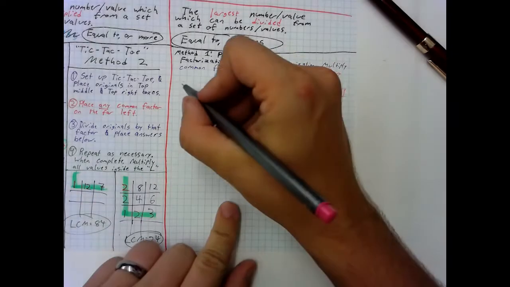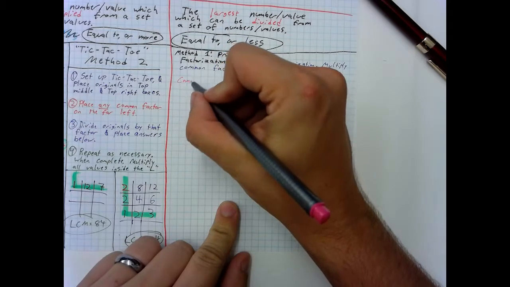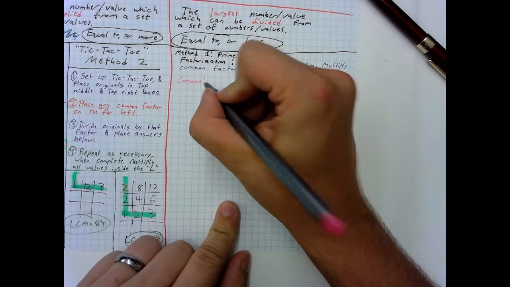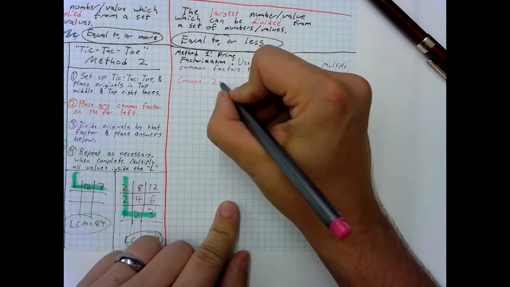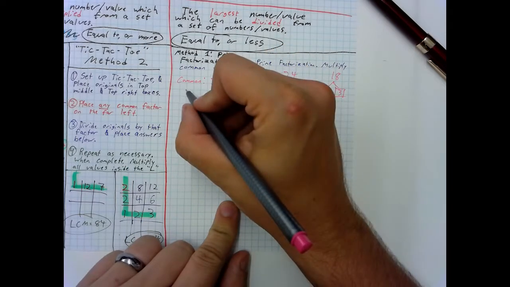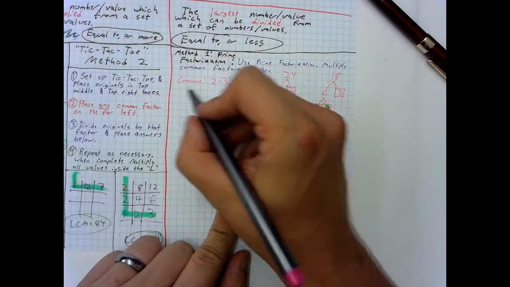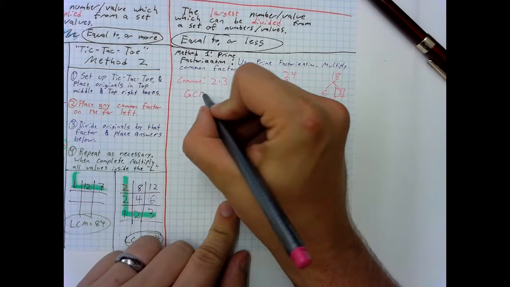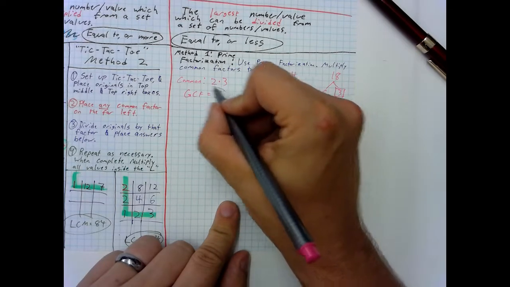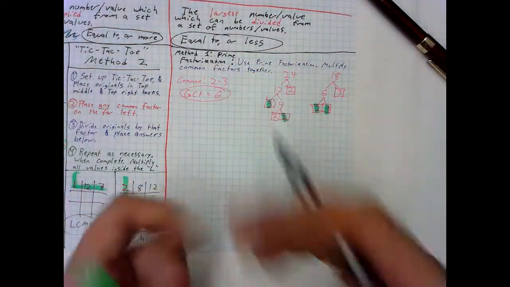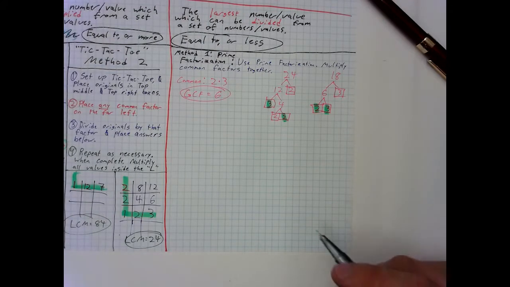In order to find my GCF, I'm going to take those two common parts, a 2 and a 3, and multiply them. 2 times 3 gives me a GCF of 6. That's how to use prime factorization.